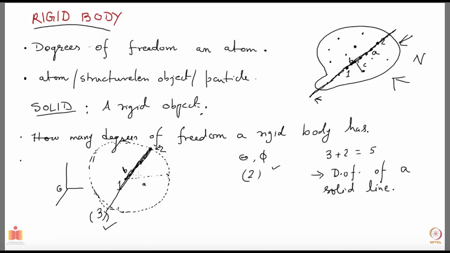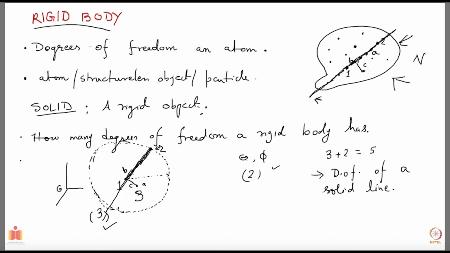Now once you have specified this line, that this is the direction in which all these particles are oriented and the point number 1 is here, and you are talking about a particle which is a distance c away from the particle number 1, or let's say from that line. Okay, now let's call it particle number 3 and the distance is c.